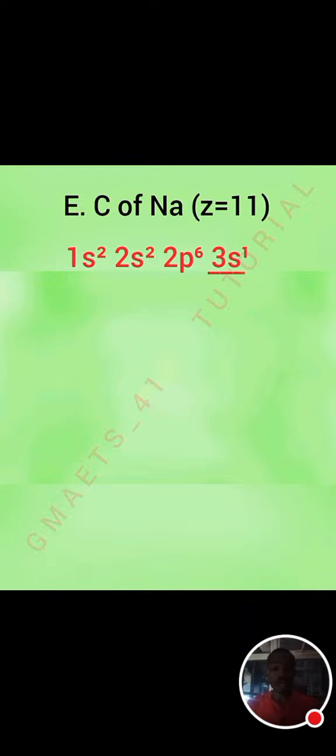All you have to do is to check what is the highest principal quantum number in the given electronic configuration. In the case of sodium, the highest principal quantum number, as you can see there, is 3, which is that one of 3s1. So since the highest principal quantum number there is 3, it simply means that sodium has 3 shells. And that goes to mean that sodium belongs to period 3 of the periodic table. Sodium is in period 3 of the periodic table. Okay, so that's just the idea.